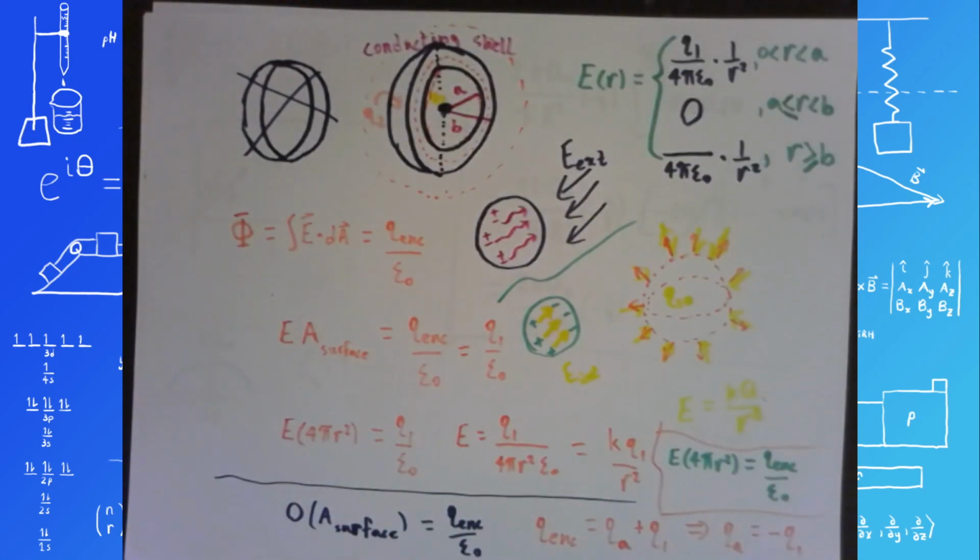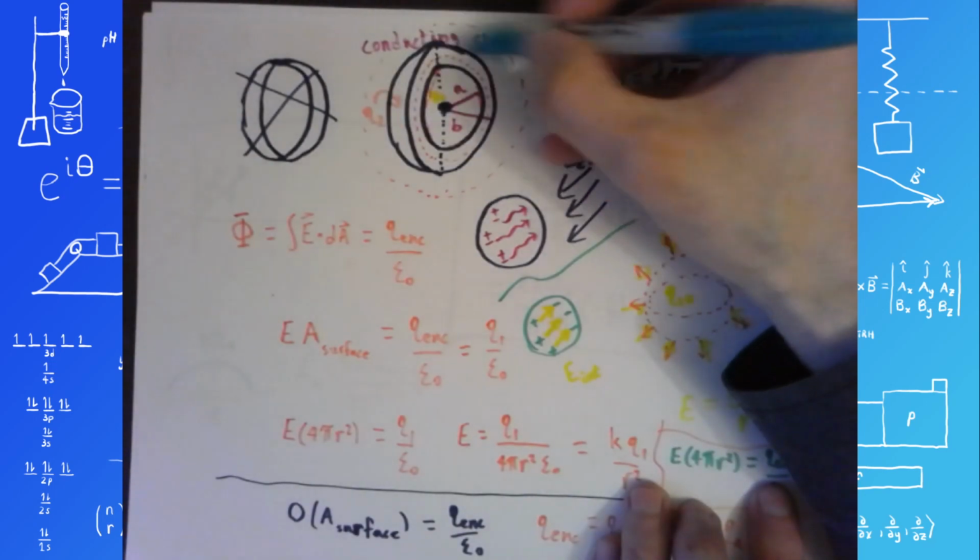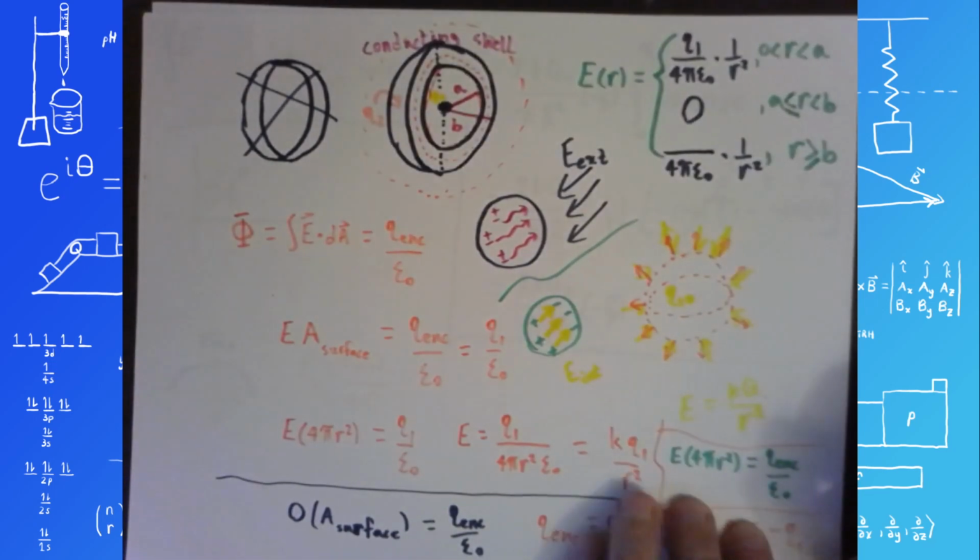Yeah, they called it Q2 and I called it Q2 as well. It's just they assigned a number to it while I'm not bothering with the number. So charge enclosed is going to be Q1 plus Q2.